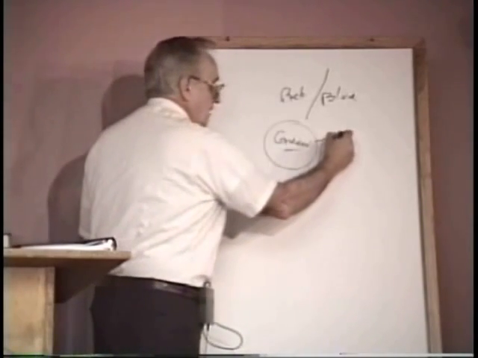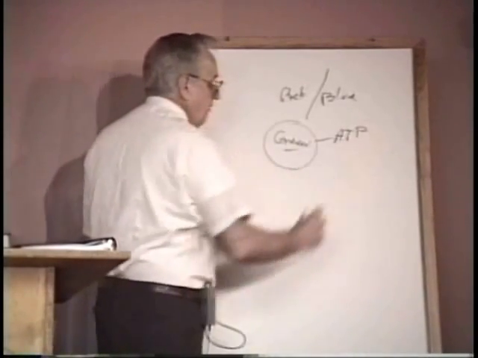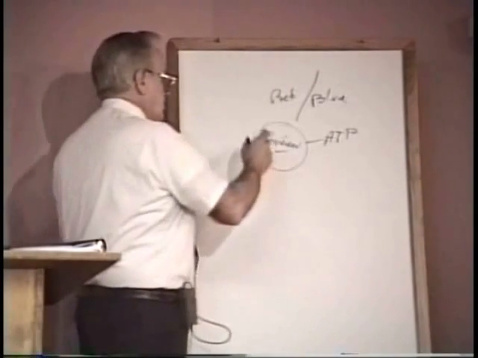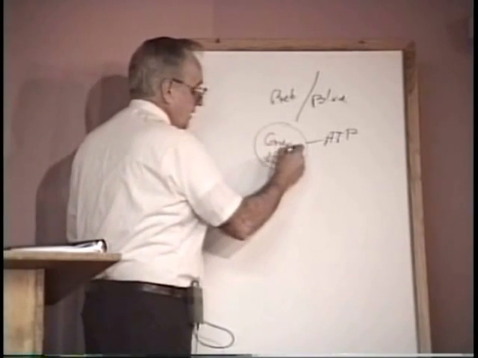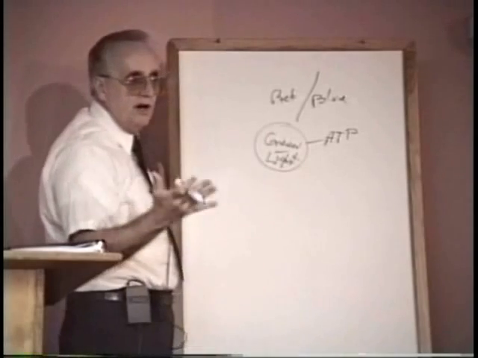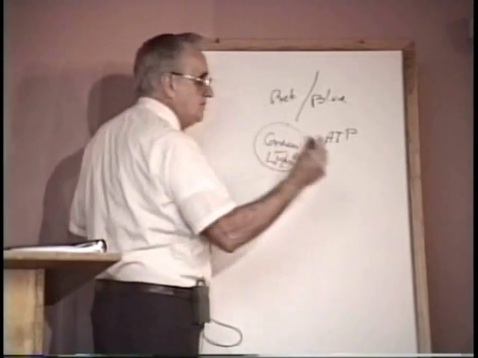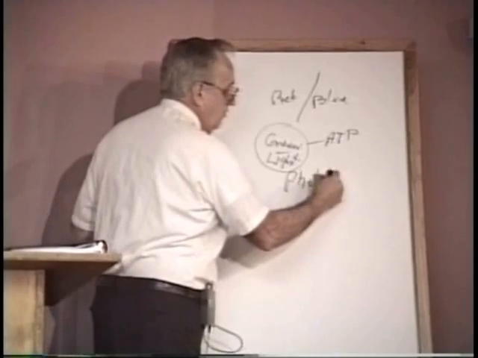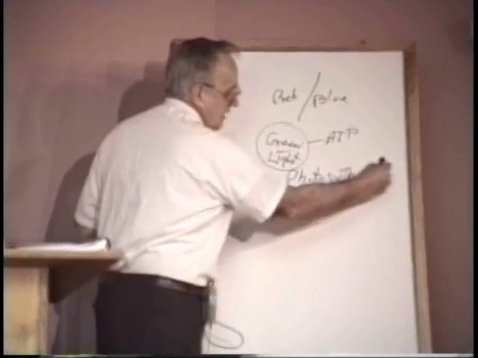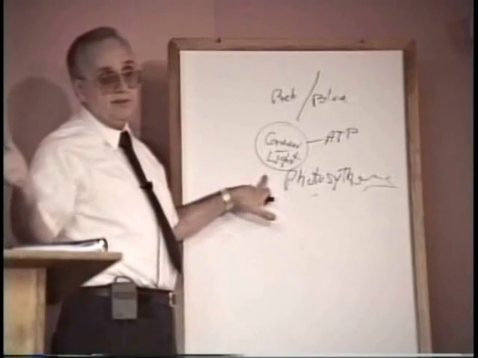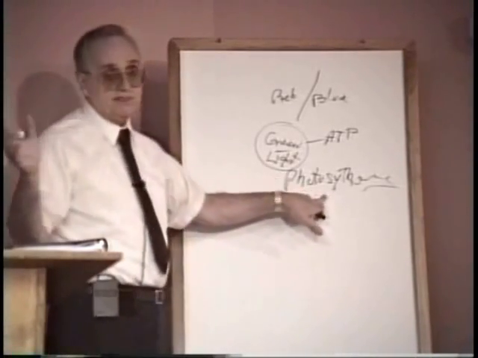And then out of that, it creates the ATP, which is the energy for living cells. So I wanted you to understand that green light is a term that is used to signify what is called photosynthesis. How would you spell that? Photosynthesis is, in other words, if you look in a dictionary, you look up green light, you'll see photosynthesis.